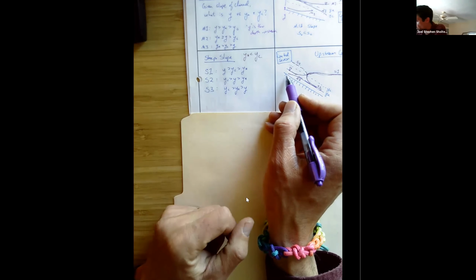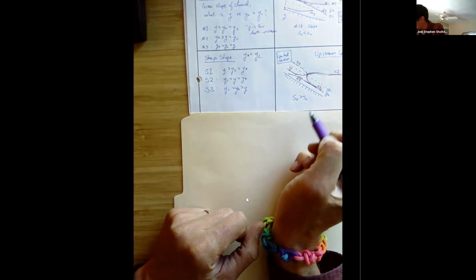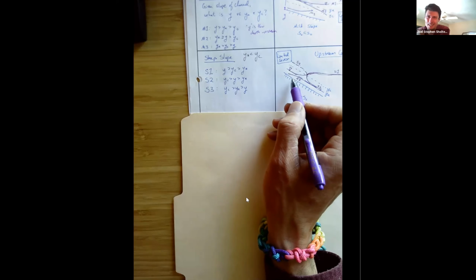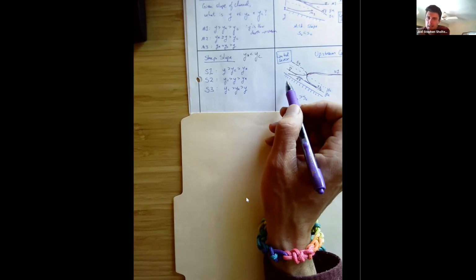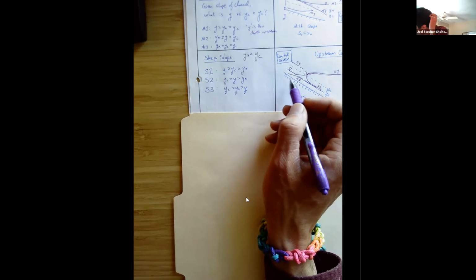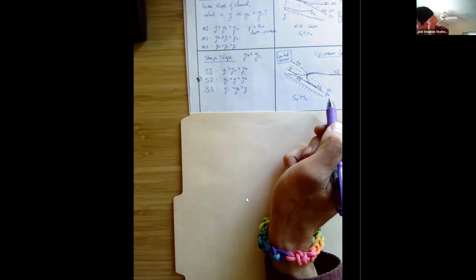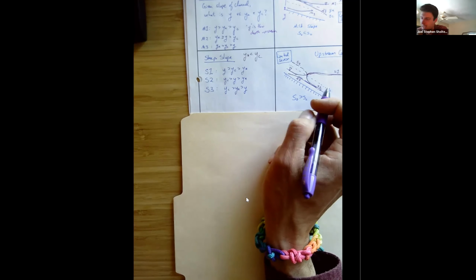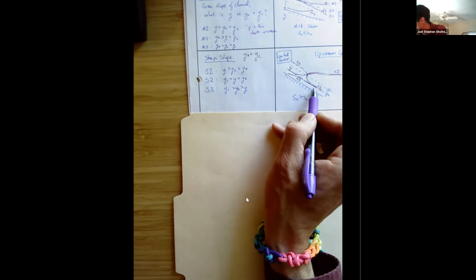So we're going so fast that we're below the normal depth. And you can imagine there's this kind of like gate that you can put in a canal that makes the water come out really fast because there's all this kind of pressure coming out from that stream. So the water is going to eventually approach some supercritical normal depth. And that's what S3 is, because our normal depth is less than our critical depth.